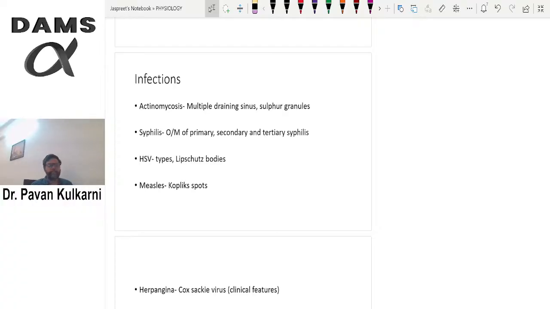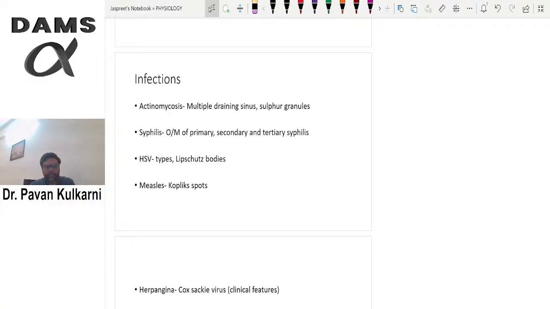And measles again is very commonly asked. We are supposed to know that in measles, particularly in the buccal mucosa, there will be Koplik spots, blue colored spots. That is asked. And usually the question comes on the relation between the skin rash and the Koplik spots, that time duration: whether Koplik spots will appear first, how many hours before, how many days before.